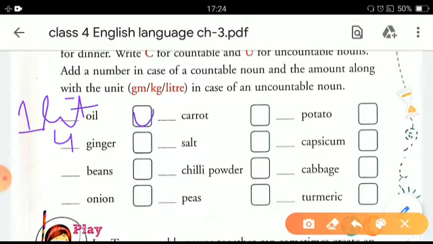4 gingers, those who are countable, we have to write the numbers, and in the box we'll write countable.